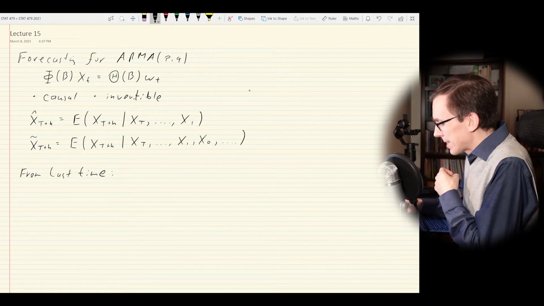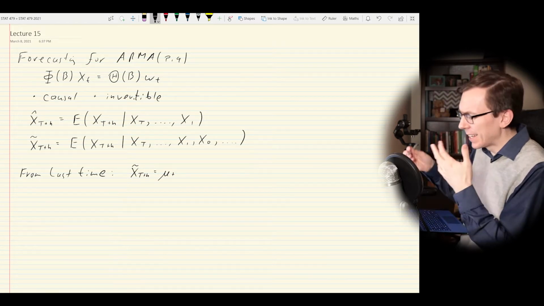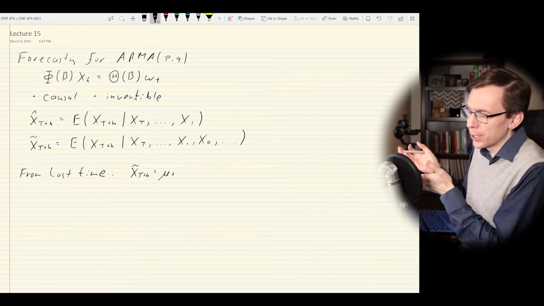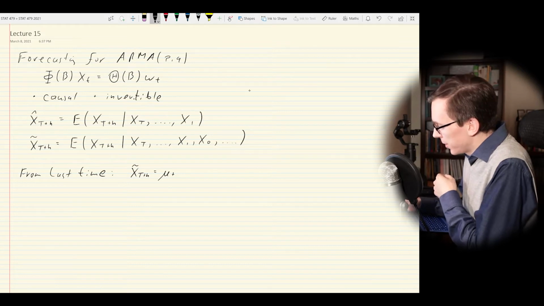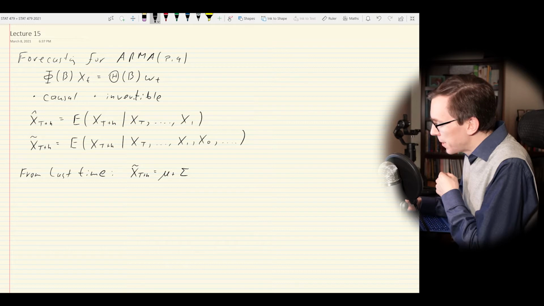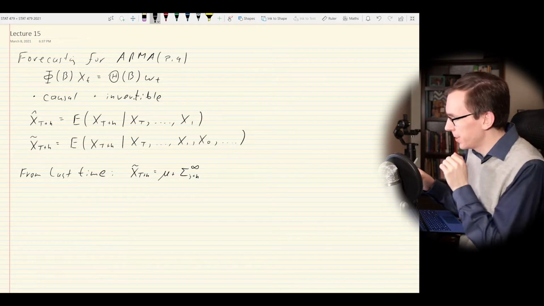what we had was this idea that we can write x_t or x tilde_{T+h} in its causal form, and it's going to look like mu, the mean of the process. Again, we can assume mu is 0, but if it's not 0, we can also adapt our equations for a non-zero mean. Now, what we're going to do is we're going to have our summation here, but we're starting at h.